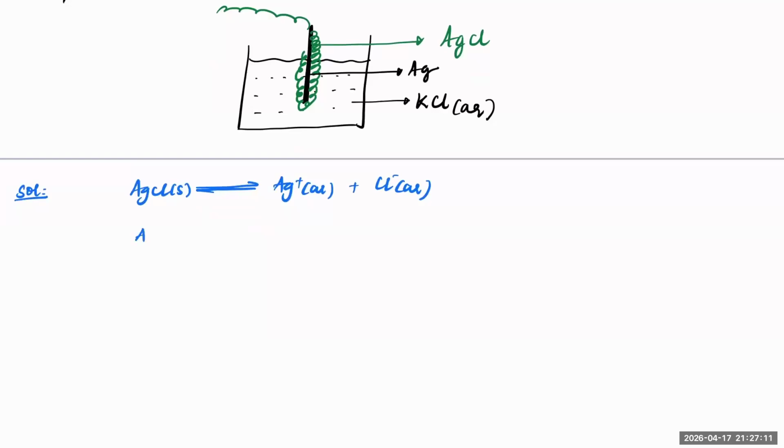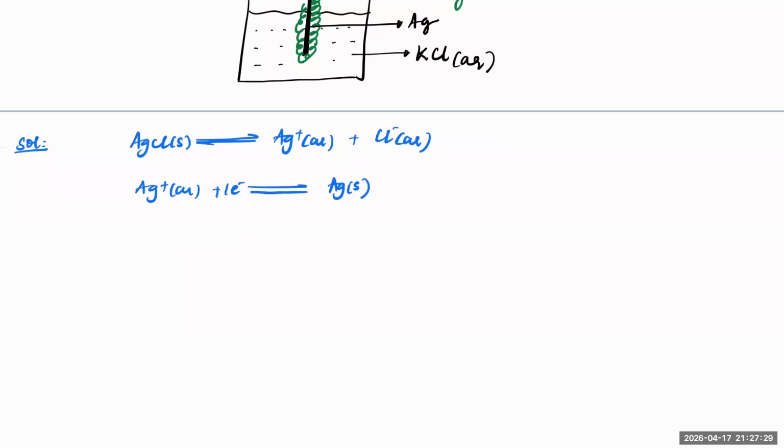Second thing, Ag+ aqueous must be reduced here because its reduction potential naturally is high. So it will take an electron and convert into Ag solid, which is the reduced part. So we got two equations here, equation number 1 and equation number 2.